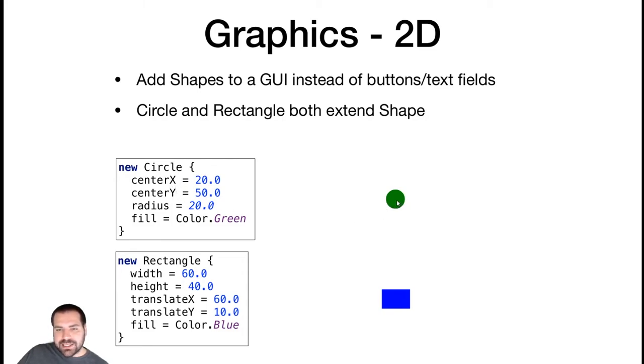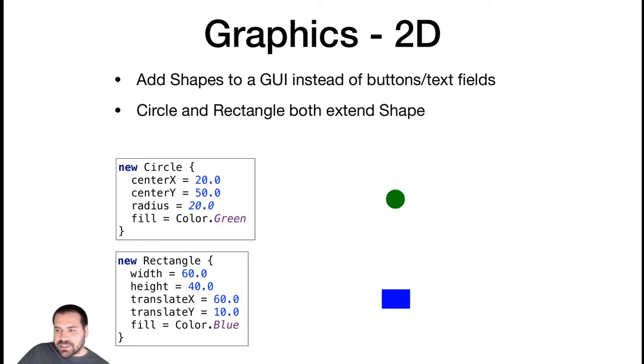With a circle, we specify the center of the circle. So if this were the origin, the upper left corner of the screen, this circle is going to go 20 over and 50 down, and that's the center of this circle. Then we specify the radius. I'm going to say this radius is 20, I believe, pixels. Of course, they're doubles, so 20 units for the radius. And then I'm going to specify the color. There are a lot of predefined colors, or you can work in RGB values. Just provide the RGB values to get the color. I'm going to use the predefined colors and just make this a plain old green circle.